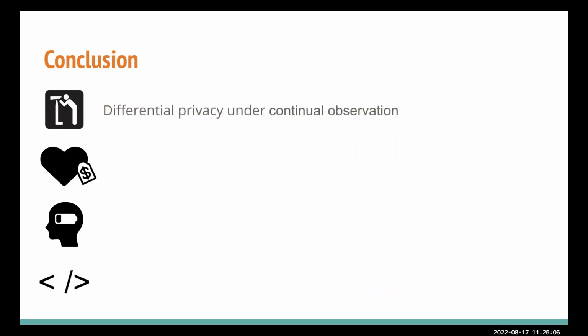Let me just conclude in the last 5 minutes. We're able to achieve differential privacy under continual observation. This is the tree that we built in the beginning of this talk. Then we talked about the extra cost, the additional coins that the relays need to pay in order to achieve privacy.